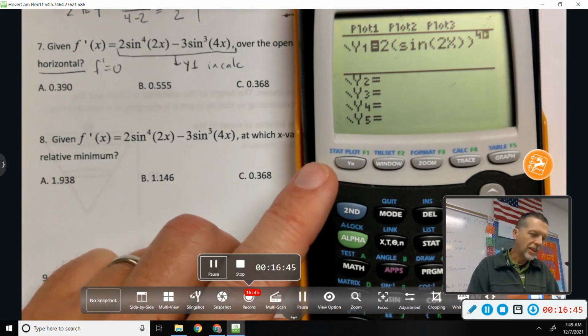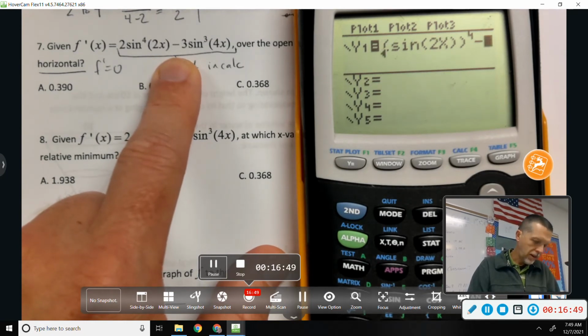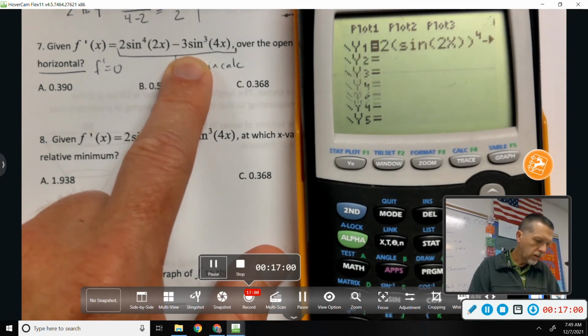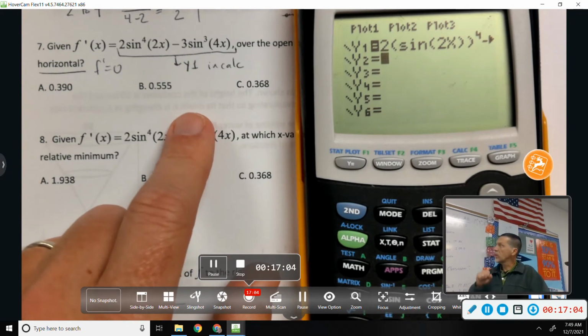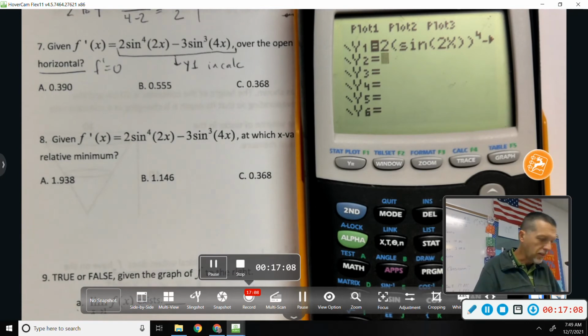Now I know the sine of 2x is getting raised to the 4th. Minus 3 sine of 4x to the 3rd. Again, this is why you have more time per question on the calculator part of the test, because it takes a little time to type this stuff in.